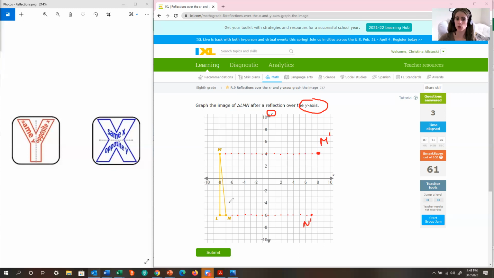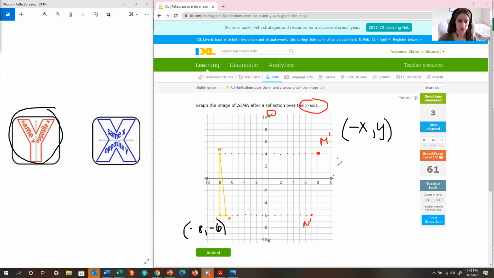And for point L, we're going to use our rule. We're going to work it out algebraically. In order to do that, we need to know its pre-image coordinates. L is located at (-8, -6). Because we're reflecting that across the y-axis, our rule is we have the same y, but the opposite x.